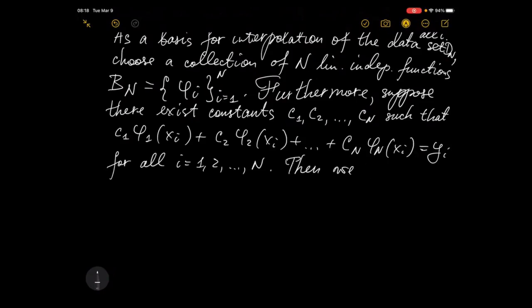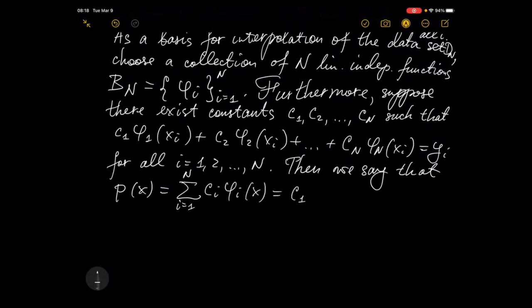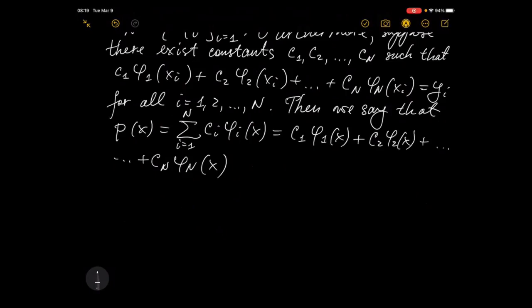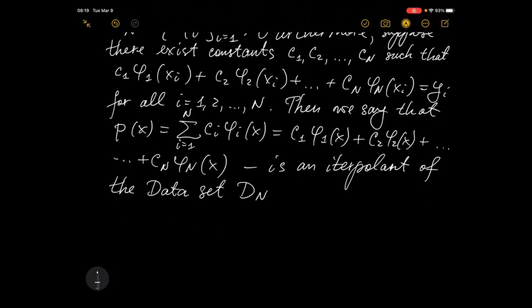Then we say that p of x, which, okay, I will write it first in this form, and then in this form, we will call an interpolant of the data set Dn with respect to the basis Bn.